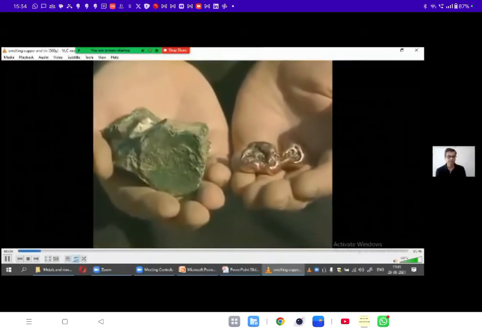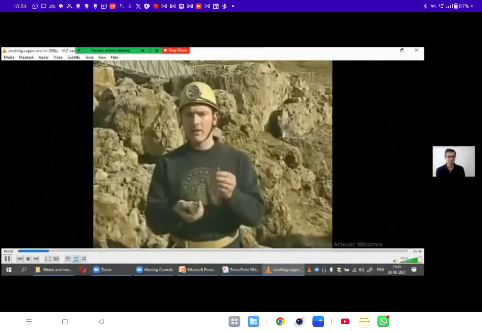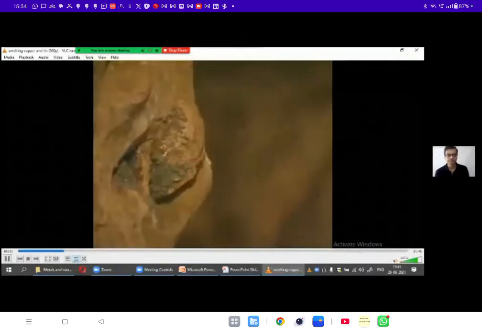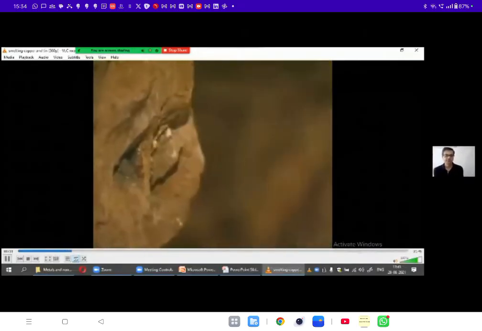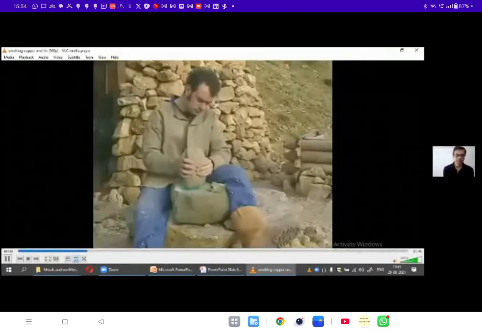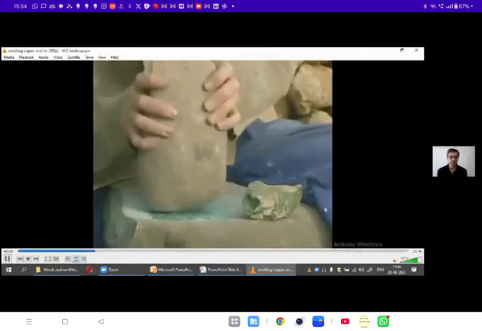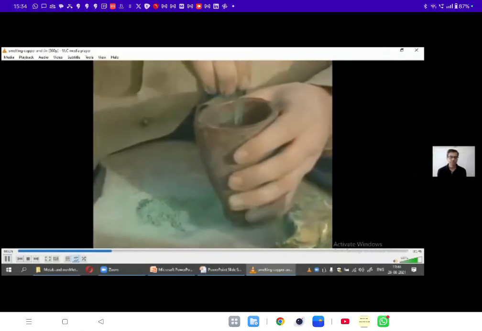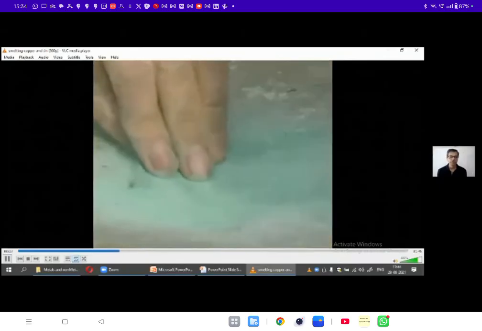For thousands of years people have known how to extract this metal from the rock. The first miners used large stones to dig out pieces of the precious green rock, malachite. First, the malachite is crushed, then it's placed in a crucible ready for heating. You have to powder that stone.